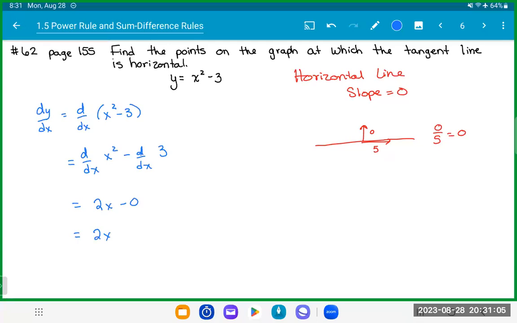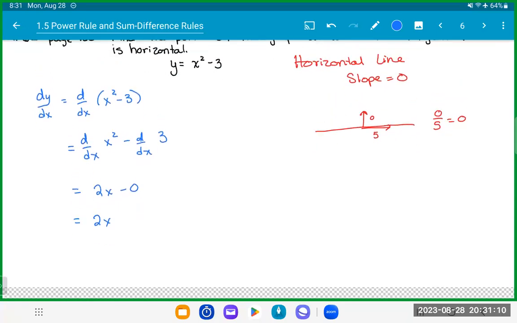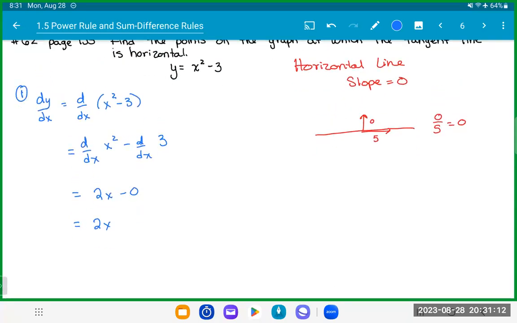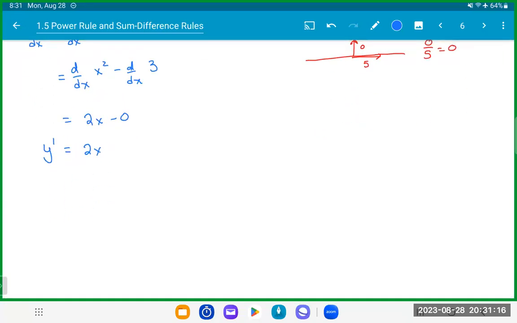The next thing we want to do is set our derivative equal to 0. So the first thing we're doing is getting our derivative, this is y prime. Our second thing we're doing is set y prime equal to 0 and solve.